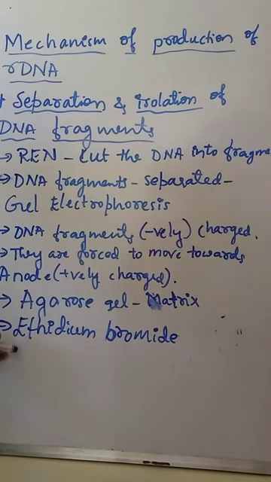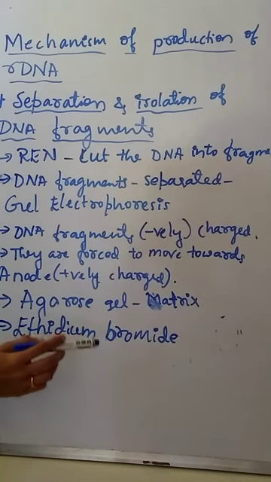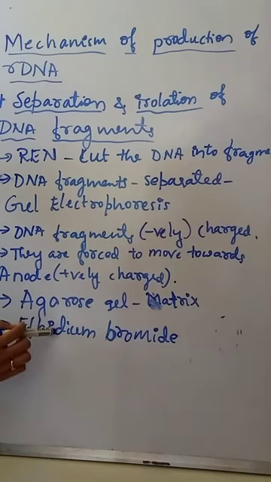For that we need to use ethidium bromide, and after adding it we expose the gel plate to ultraviolet radiation. Then the DNA fragments appear as bright orange colored bands.